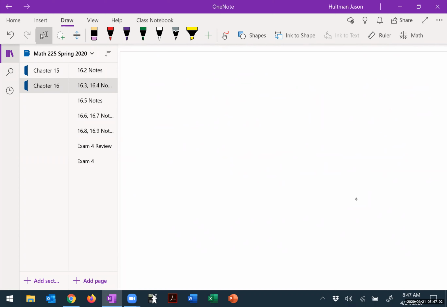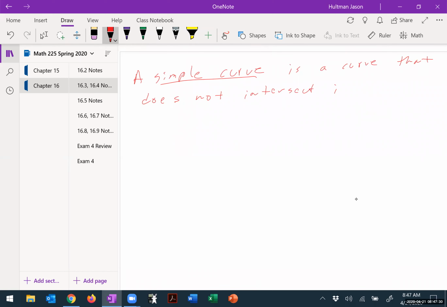Let's define what a simple curve is. A simple curve is a curve that does not intersect itself. We want to deal with simple curves.